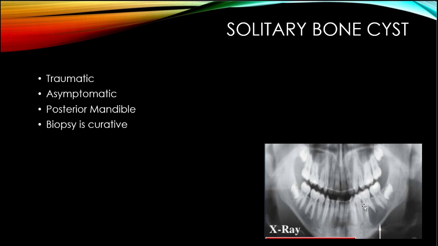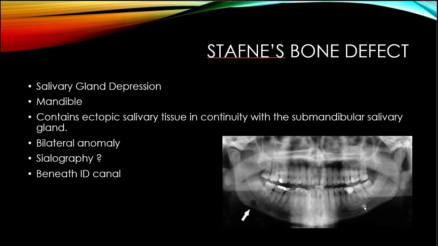More in the posterior mandible. Stafne's bone defect, it's a salivary gland depression, usually in the mandible below the IAN canal, mostly bilateral, and it contains ectopic salivary tissue in continuity with the submandibular gland.